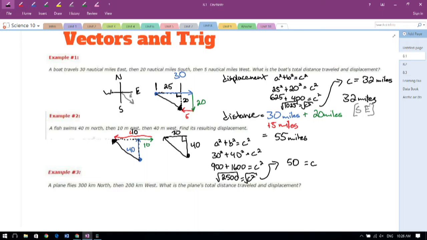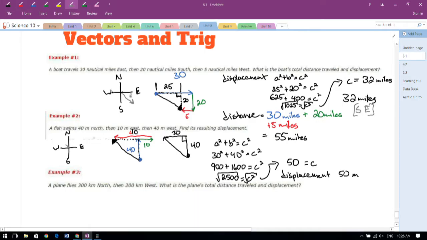And we had some units here, so our displacement is going to be 50. The units were meters. And again, I need to come up with a direction.